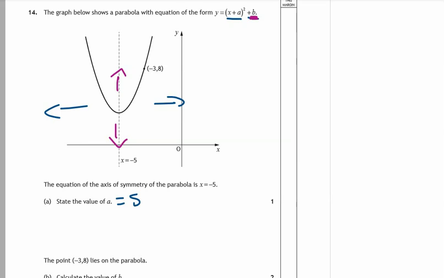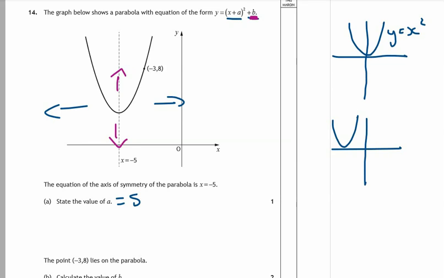So the first thing I always like to think on is, well, what is y is equal to x squared? There's y is equal to x squared. If I move that to the left or right, say move over here, and say that's -5, that means when y is equal to 0, x is equal to -5, and that's the minimum turning point, isn't it?